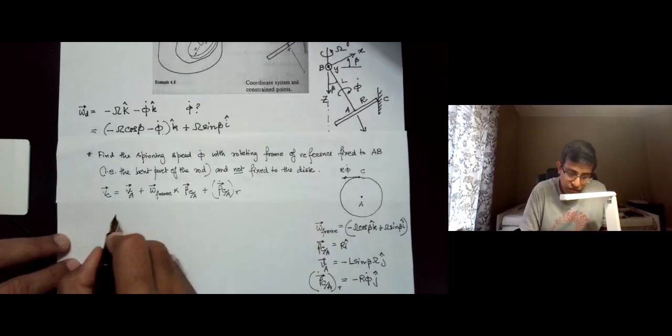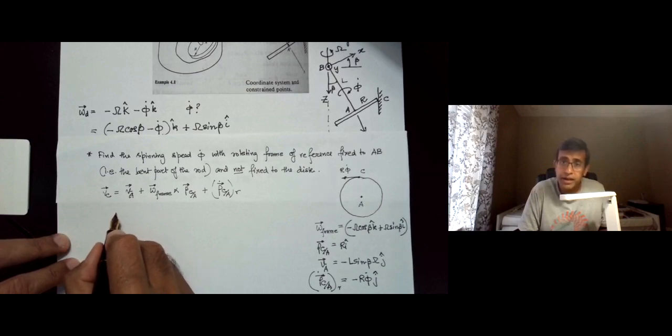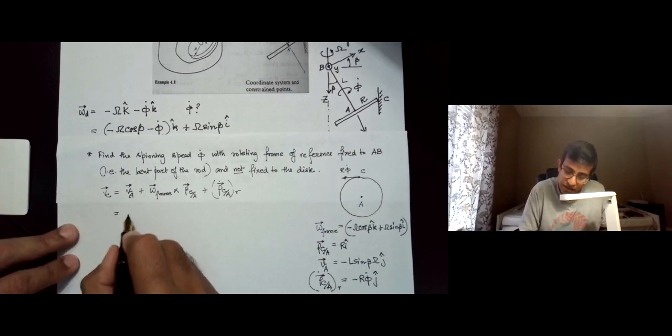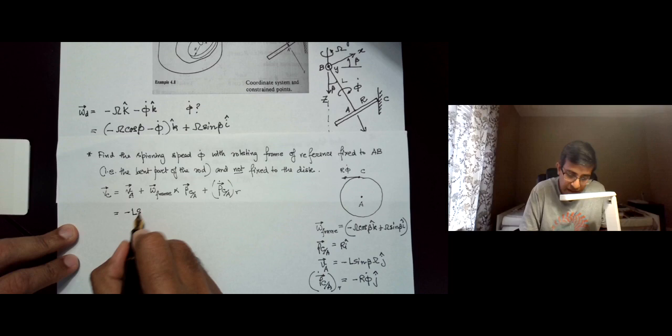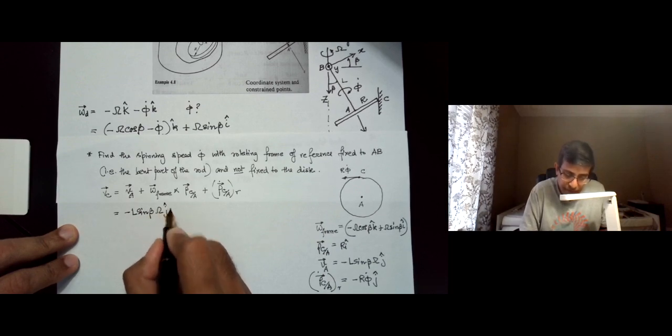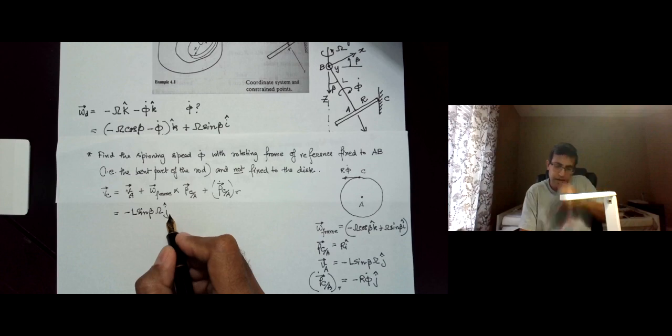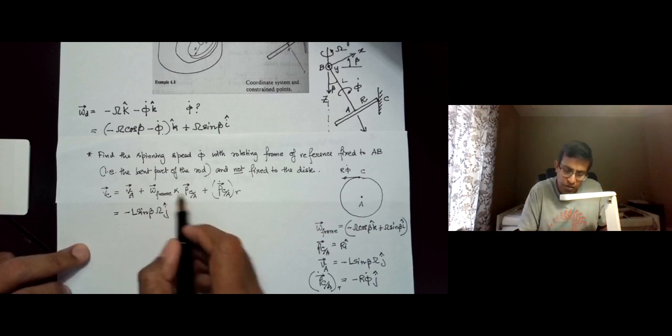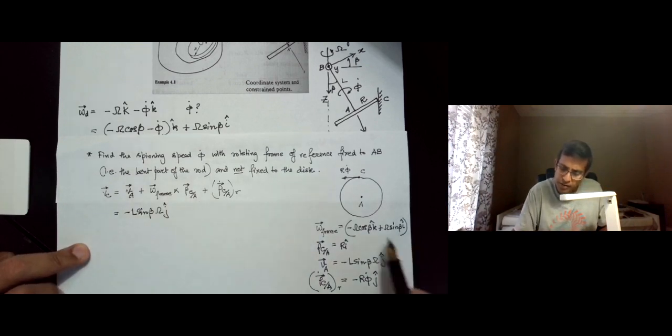Okay, so if we now plug in these expressions here, we will have negative L sine beta capital Omega j. Now we need to do omega frame cross rho C with respect to A, so k cross i and i cross i.